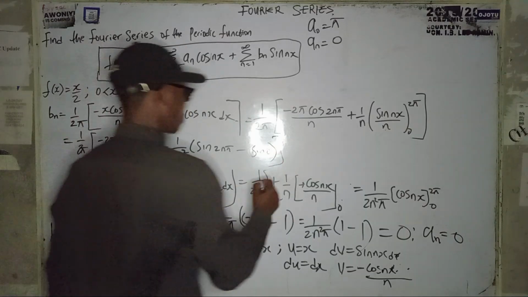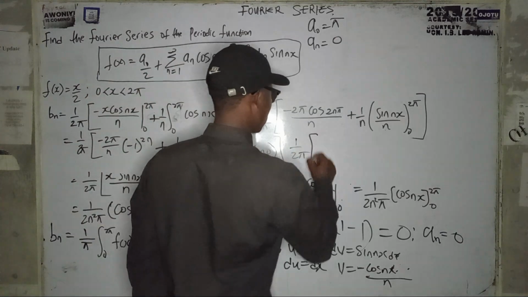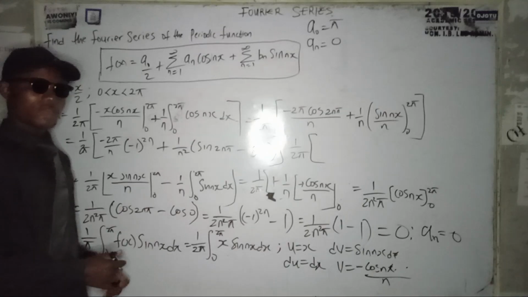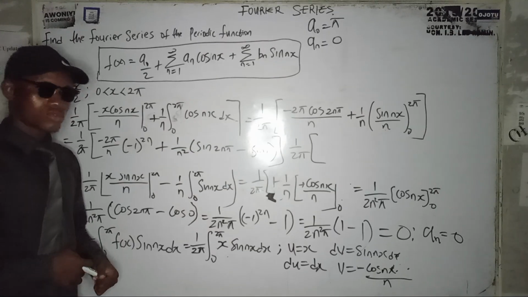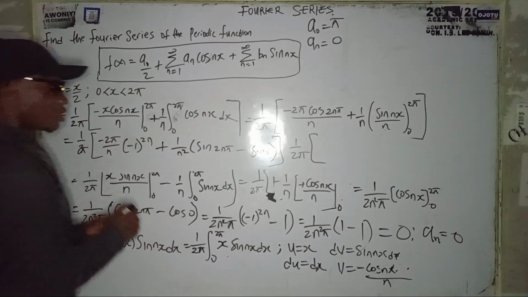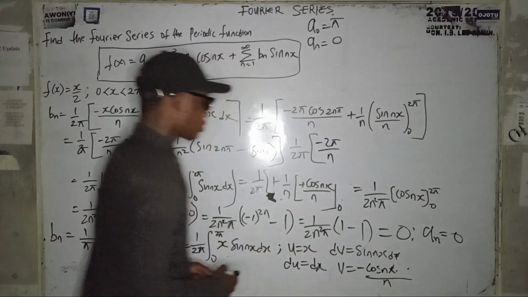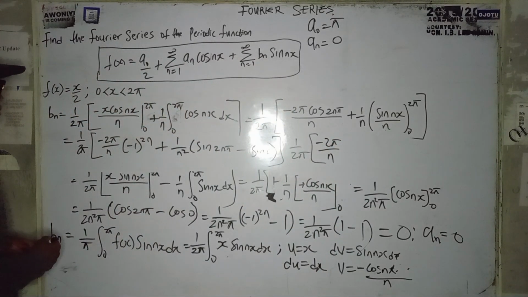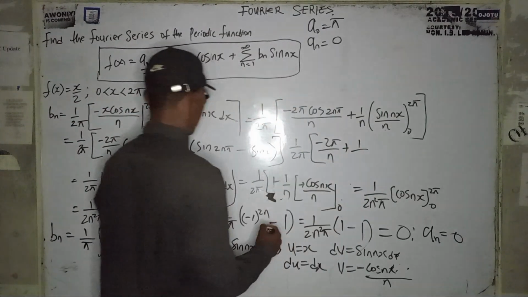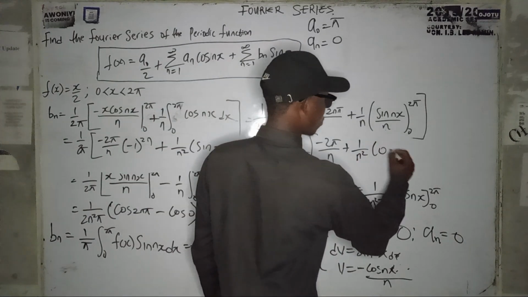So that means we are going to be having 1 over 2 pi, and here 2 will be the main power here. So therefore minus 1 to the power 2 is equal to 1. So that is minus, which is 1. So therefore, this one is going to come outside. We have minus 2 pi over n, and then this will be equal to plus 1 over n squared times 0 minus 0.